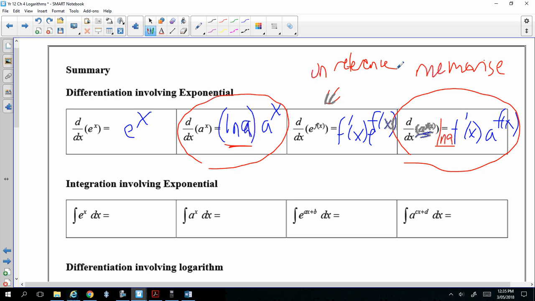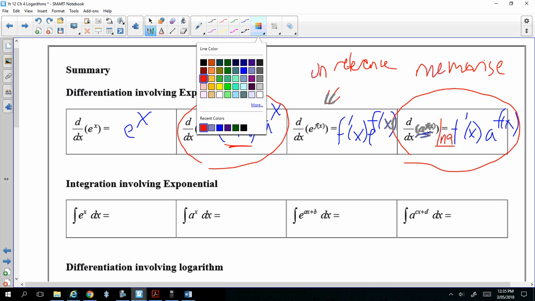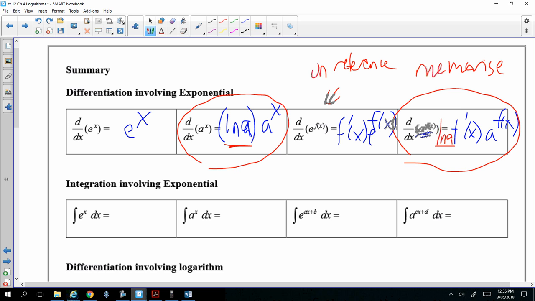Okay? All right. How about integration? Same thing. The integral of e to the power x is e to the power x plus c. Now, if you do a to the power x, you still get a to the power x, but you divide by ln a plus c. Right? You got that extra. And integrate that, you get 1 over a e to the power ax plus b.